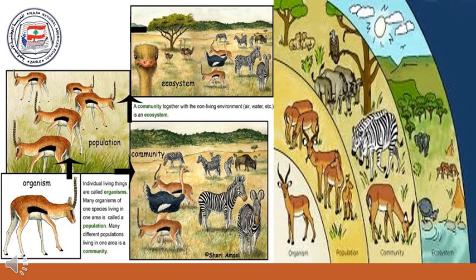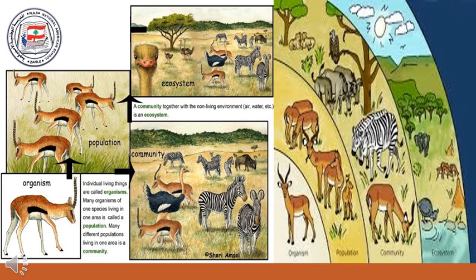Let's look at the picture above. Ecosystem. A community together with a non-living environment is an ecosystem. So a community means many different kinds of populations living together, and the non-living things, which are the sun, the air, the water, and the landforms, form an ecosystem. So let's look now at the picture to the right.